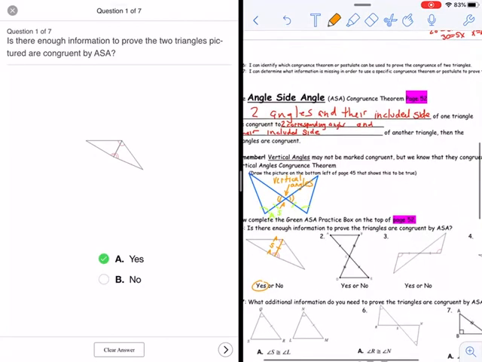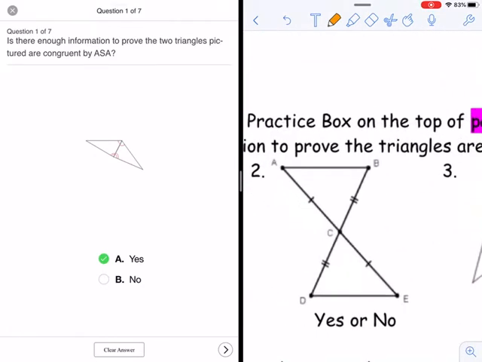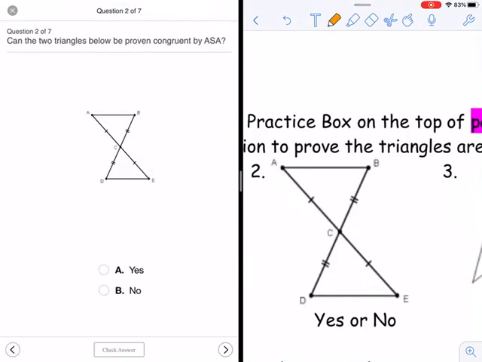Hopefully there's no typos in this box. So here, later on we'll see that these are congruent, but we can't say that they're congruent by angle side angle. They're going to be congruent by a different thing called SAS. So this one we can't use angle side angle. We only know one angle. So this one's an unfortunate no.